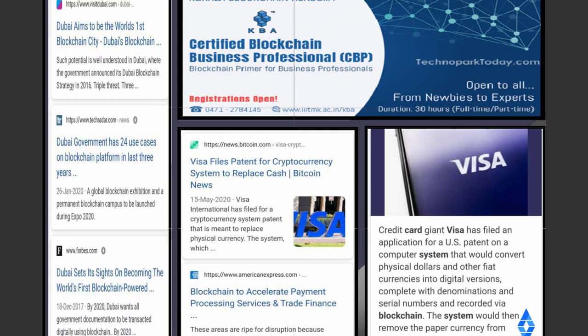We know Dubai is striving to become the first blockchain city in the world. Blockchain has been made into a subject of study from school to college levels. Visa cards have applied for patent in payment using cryptocurrency systems. China has launched its own cryptocurrency.